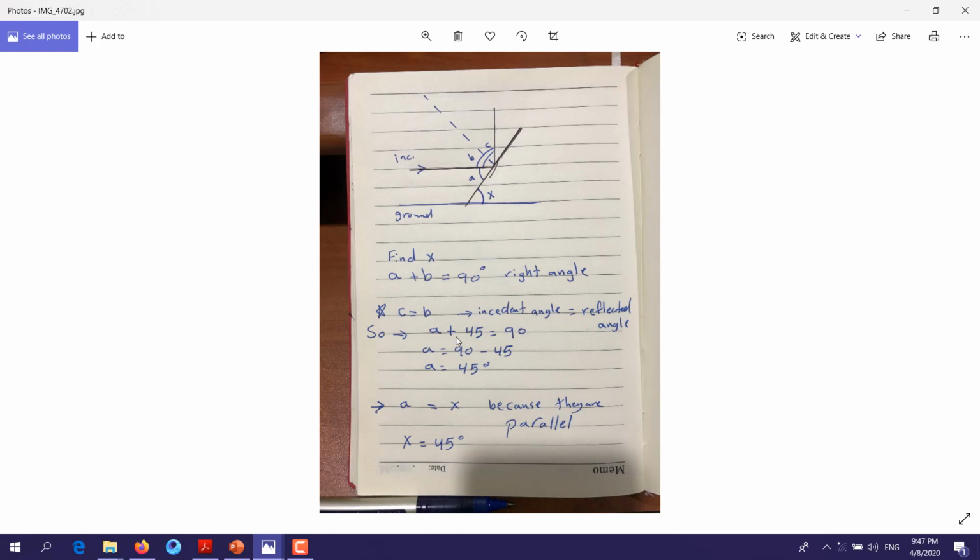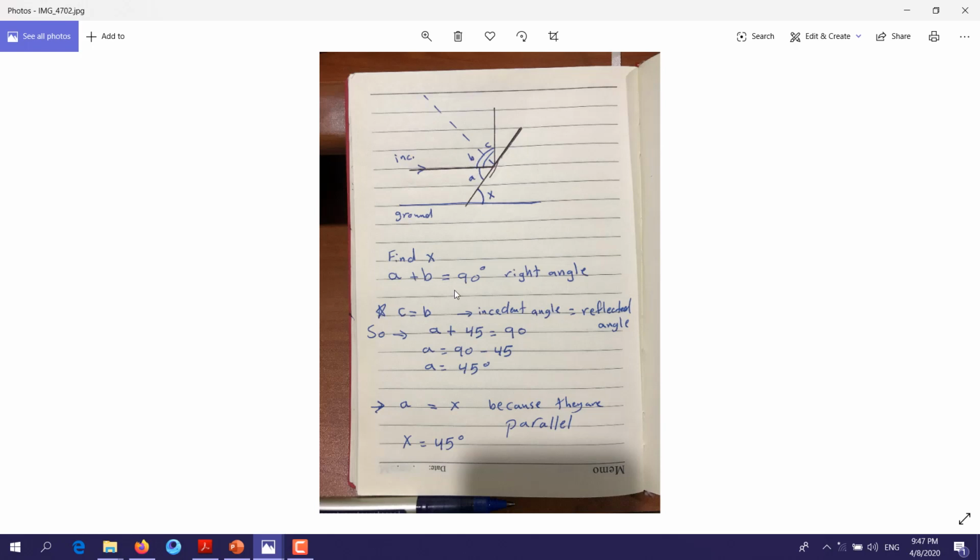So a plus b equals 90. Also look at this: b and c together form a right angle, so both of them are 90. Half of it is 45.